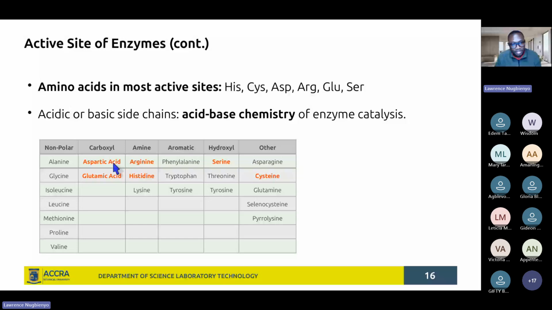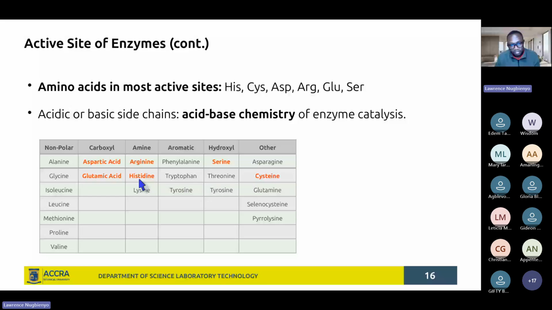Arginine, histidine. There you see some amine group. Histidine has, I think when we go forward, we may see an example with histidine, that histidine is having an imidazole ring structure.